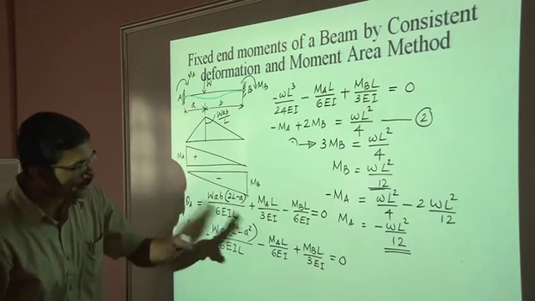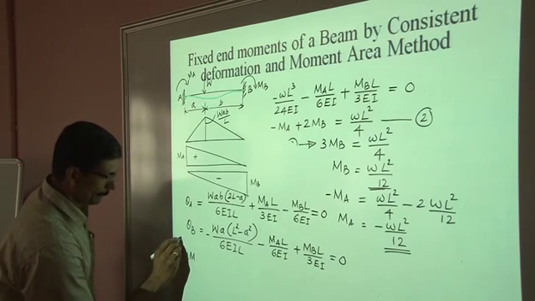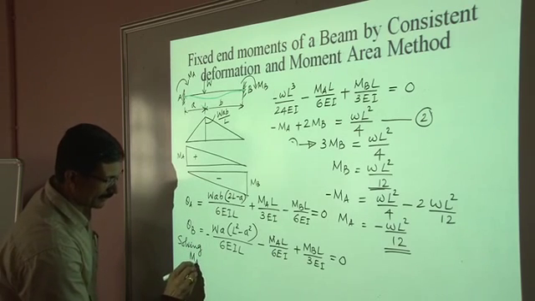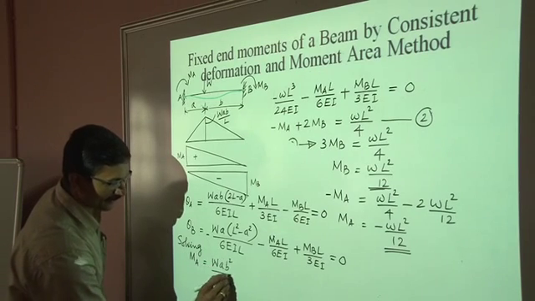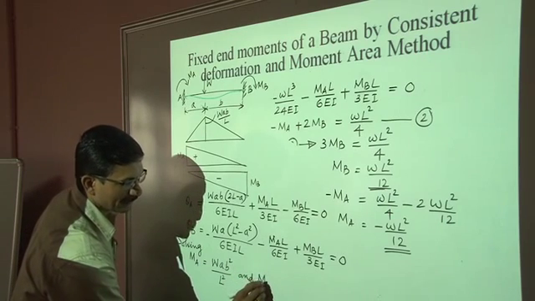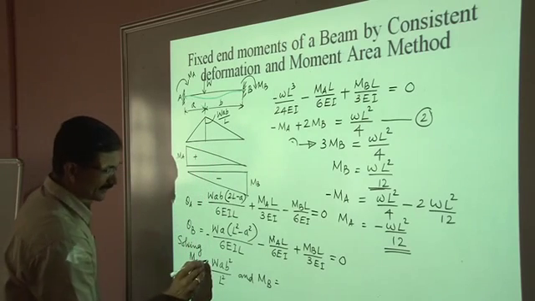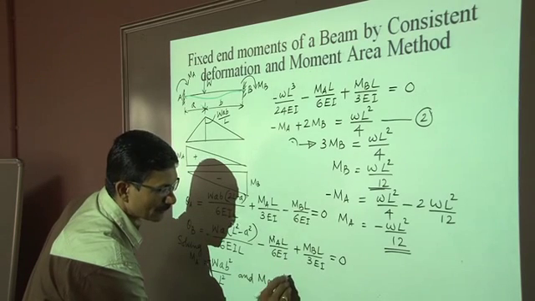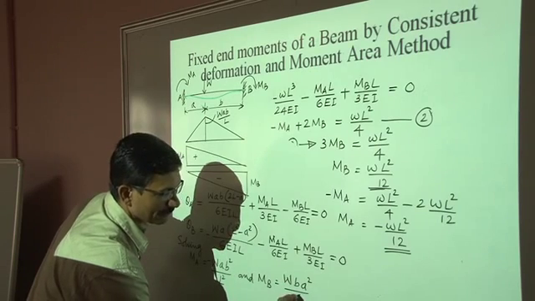If we solve for these two equations, we are going to get MA is equal to W A B square divided by L square, and MB is equal to, of course, MA is having a minus sign, MB is equal to plus W B A square divided by L square.